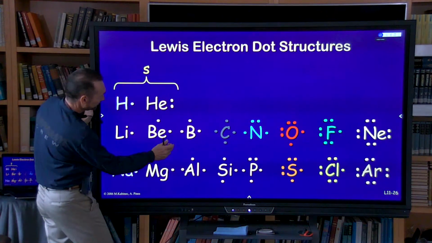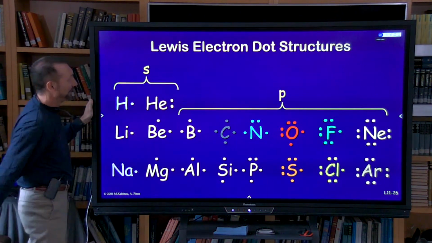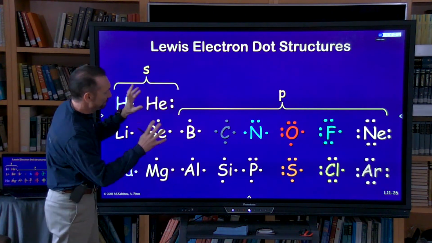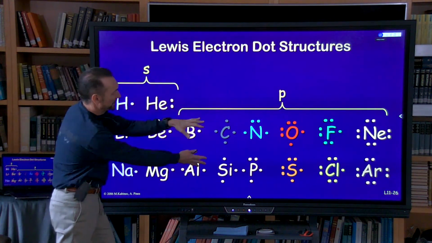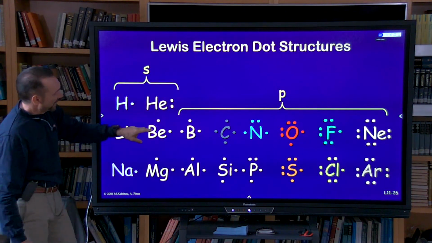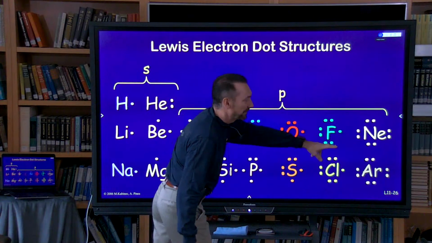So what we have here, I've just taken bits of the periodic table, the S block and the P block. And I've written the outermost electrons.